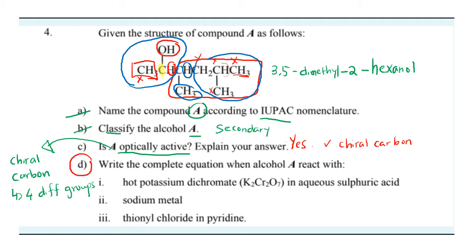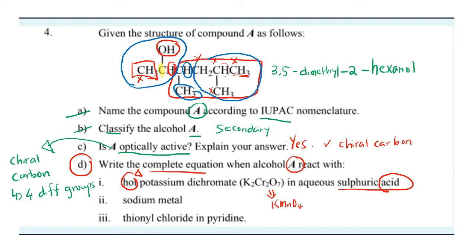Question D. Write the complete equation when A reacts with hot potassium dichromate in aqueous sulfuric acid. We have the acid, hot, potassium dichromate. Potassium dichromate plays the same role as KMnO4, which we always mention as hot acidified KMnO4.